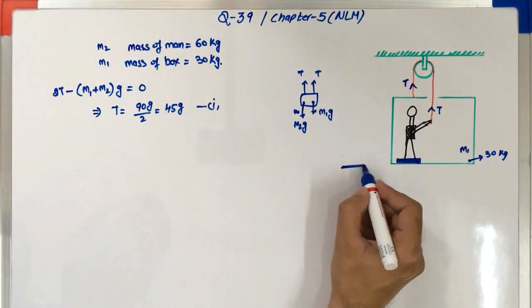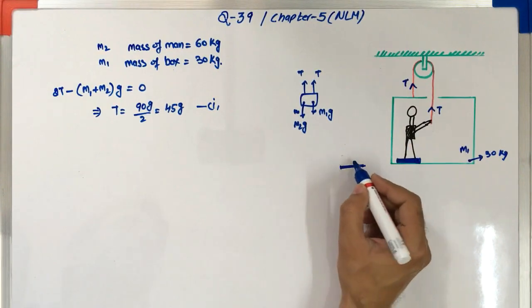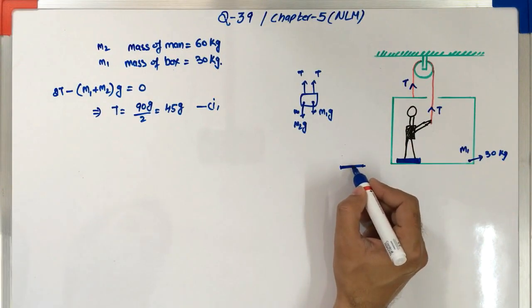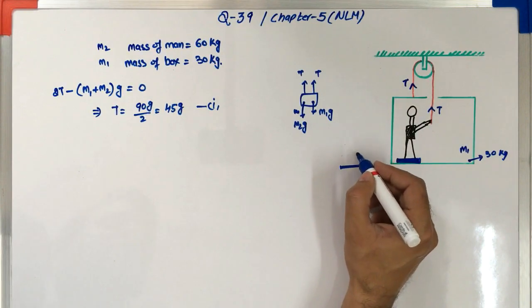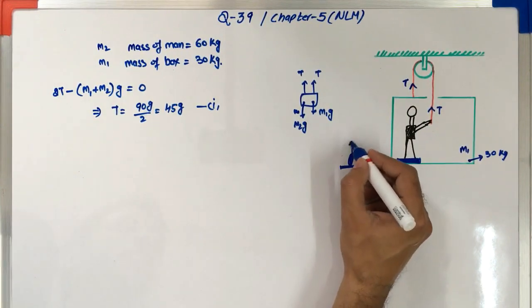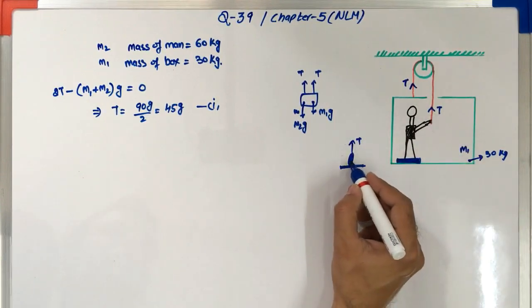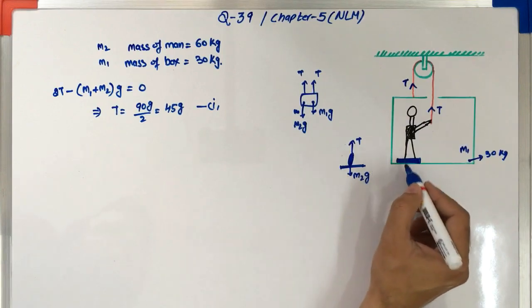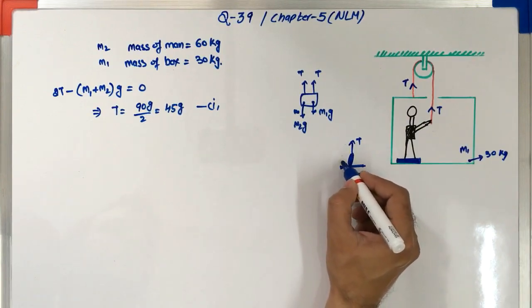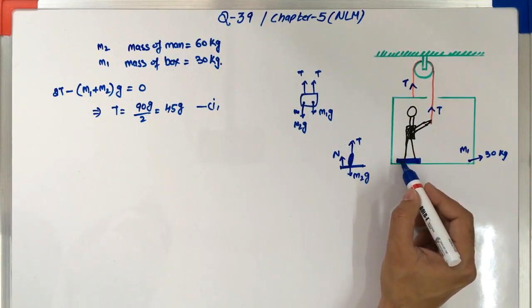The weighing machine will read the apparent weight of the man. That means the reaction force applied by the machine on the man will be the reading of the machine. Suppose this is the man: there is T acting in the upward direction, m2g acting in the downward direction, and a reaction force N applied by the machine on the man.